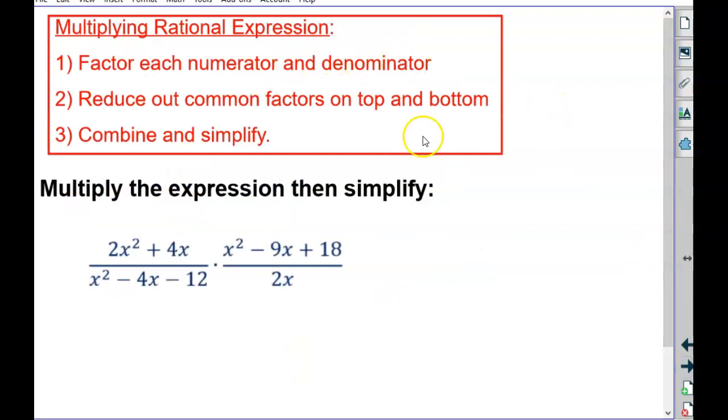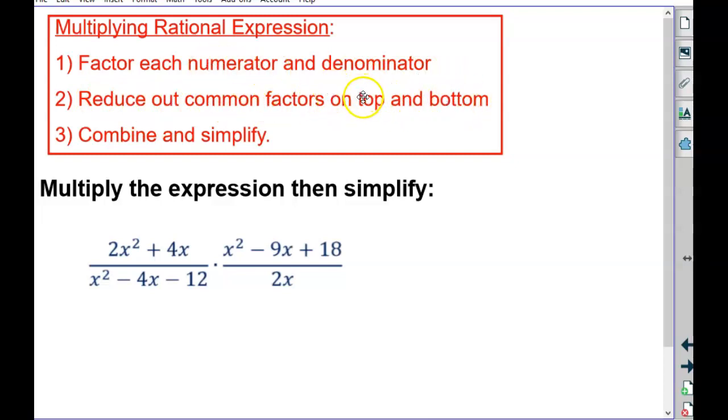Okay. Maybe write this one down. All right, we have really 3 steps when we talk about multiplying rational expressions. Or what happens when I multiply fractions? Well, just like we did in the warm-up, you want to factor the numerator and the denominator. Then reduce out common factors on top and on bottom.